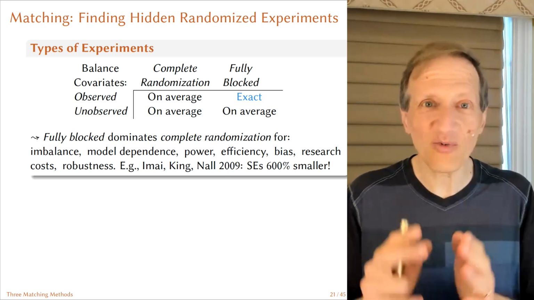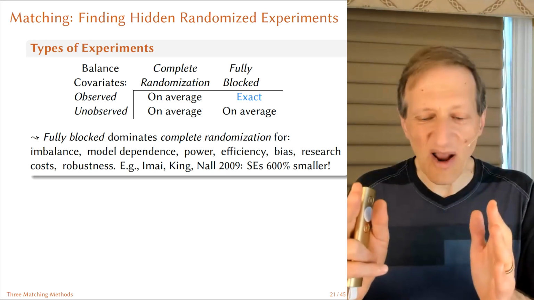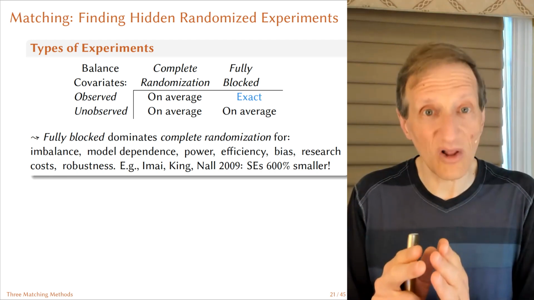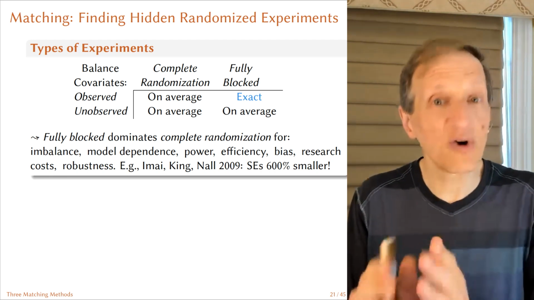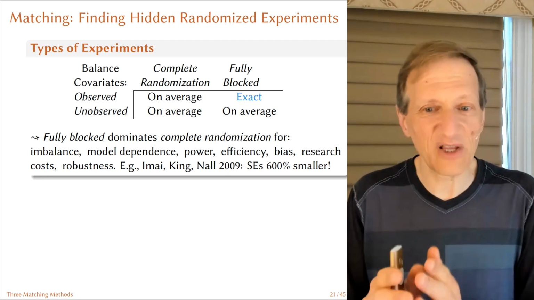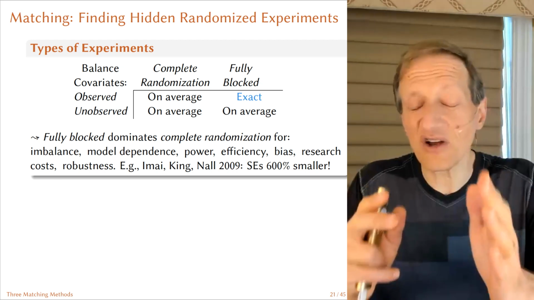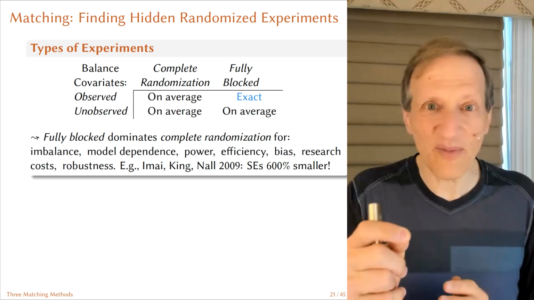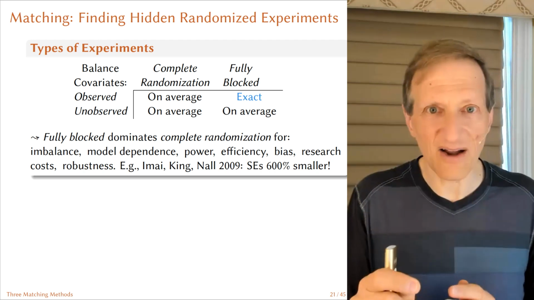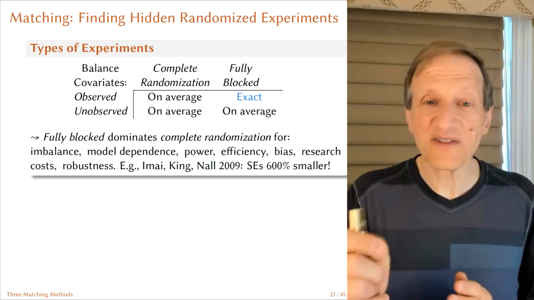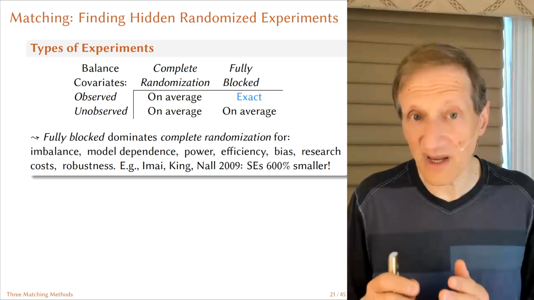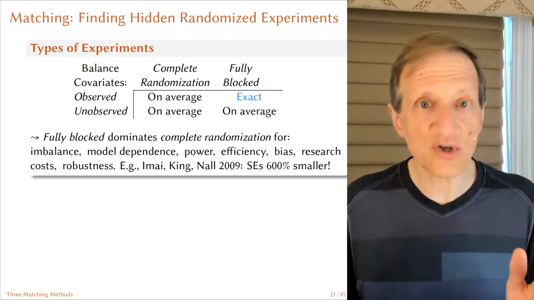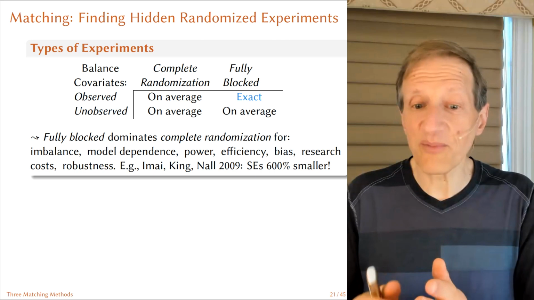And what we showed was our standard errors were as much as 6 times smaller just because we chose a matched pair experiment. So if you are running an experiment, you absolutely want to block. You get to run the experiment either for a lot less money, or you get a lot more certainty, or you don't have to run the experiment for as long.